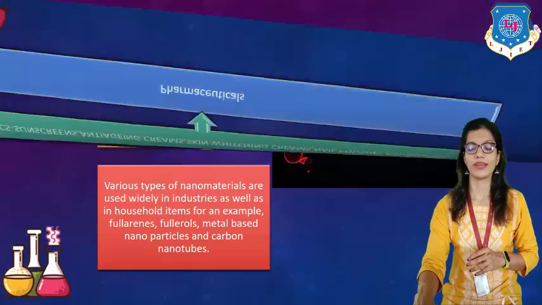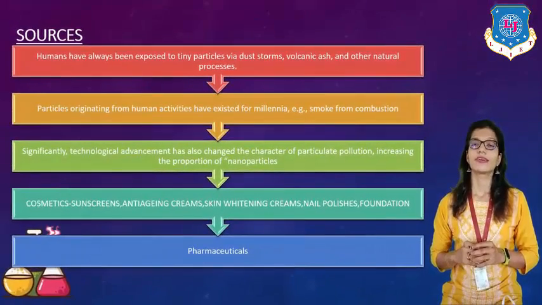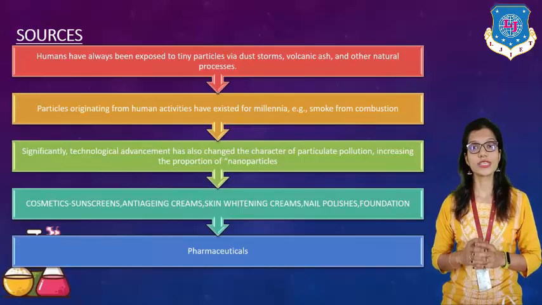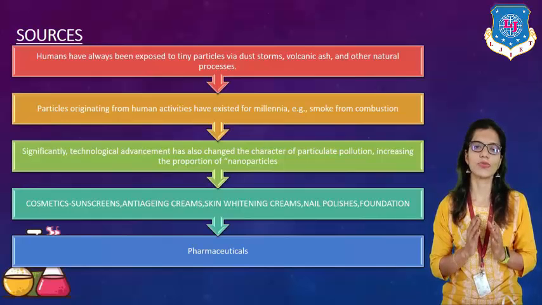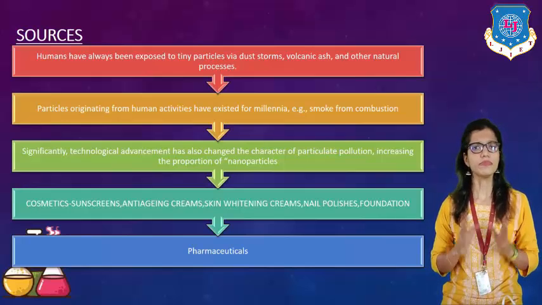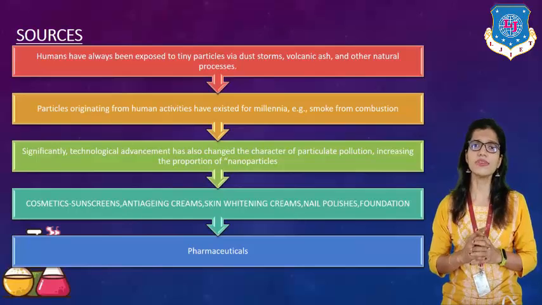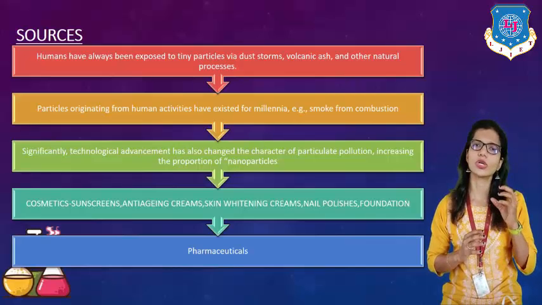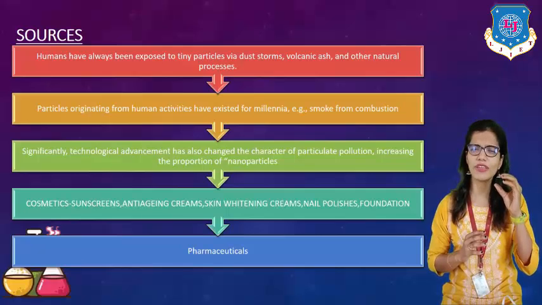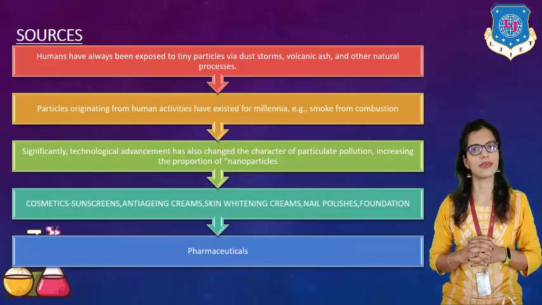Let's move ahead. Here, let's talk about the sources of nanomaterials. Which are the sources of nanomaterials? We already know that humans have been exposed to very fine and tiny particles through the ages.